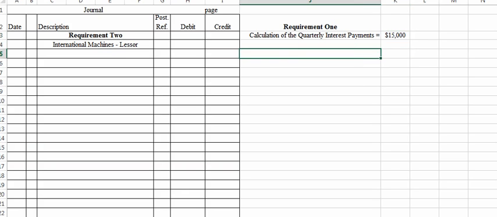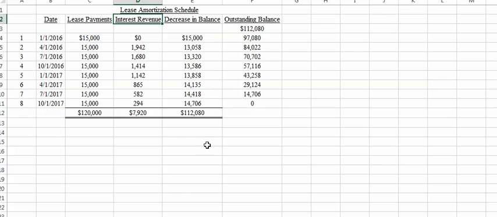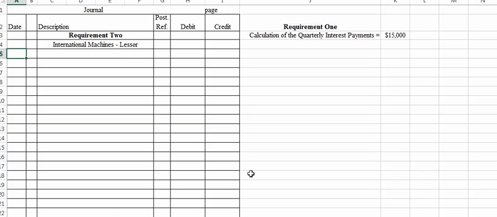Now on requirement 2, they ask us to prepare the appropriate journal entries for International Machines, the lessor in this case, to record the lease at its inception on January 1, 2016, and the second rental payment on April 1st, 2016. Again, I kept the same amortization schedule because it didn't change. But note how this one's different.